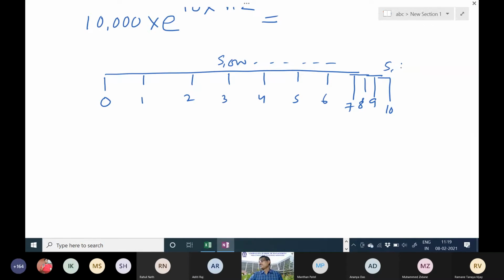When will be the last receipt? The 9th year. So up to the 9th year you will get this. From the third year beginning till then, you have to bring it to today.